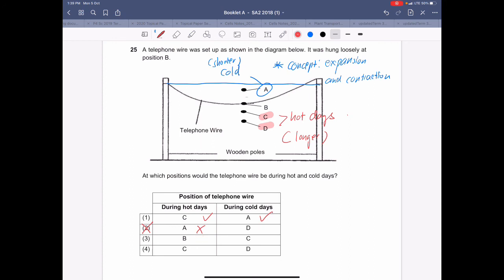This is wrong. It shouldn't remain the same. It can only be at C or D. So option 3 wrong. Option 4, C is possible on hot day because it expands. However, on cold days, D is wrong. Why? Cold days should become shorter, the wire should be more tight, and so hence only position A. So therefore, your answer is only 1.